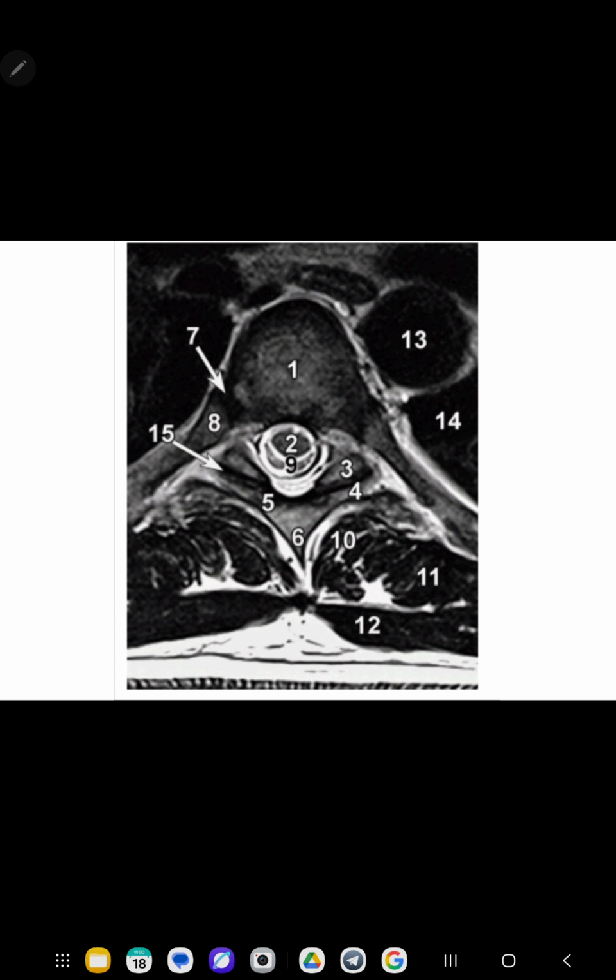Now when we are taking an axial image in the thoracic section, here is the vertebral body. After that we have the pedicle.